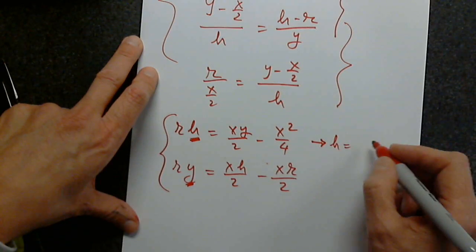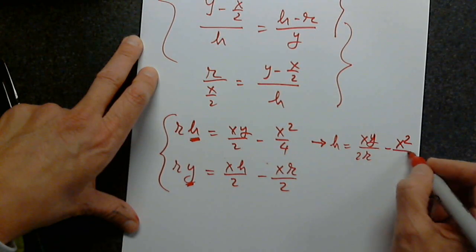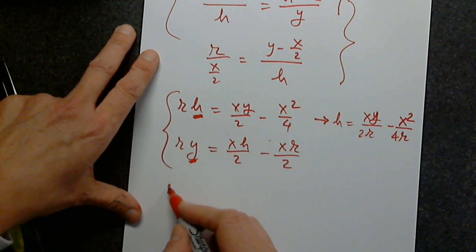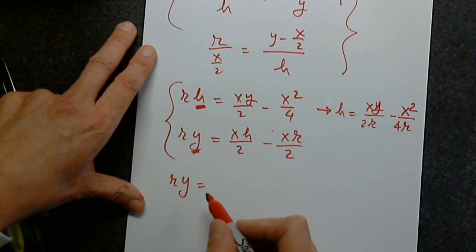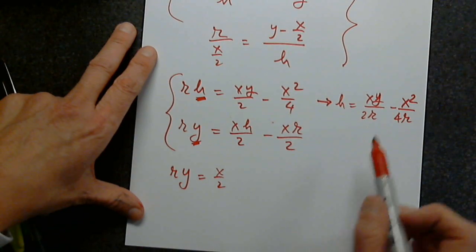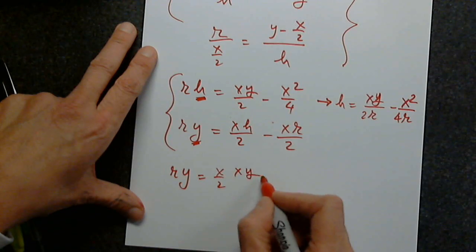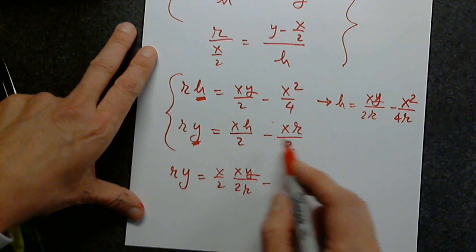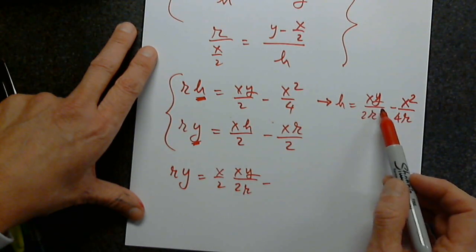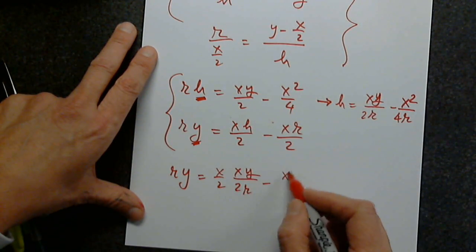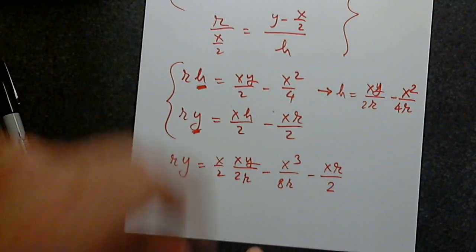So if I replace h with xy over 2r minus x squared over 4r, then ry equals xh over 2, so I'm multiplying x over 2 by this and minus x over 2 by that: xy over 2r minus x cubed over 8r minus xr divided by 2.